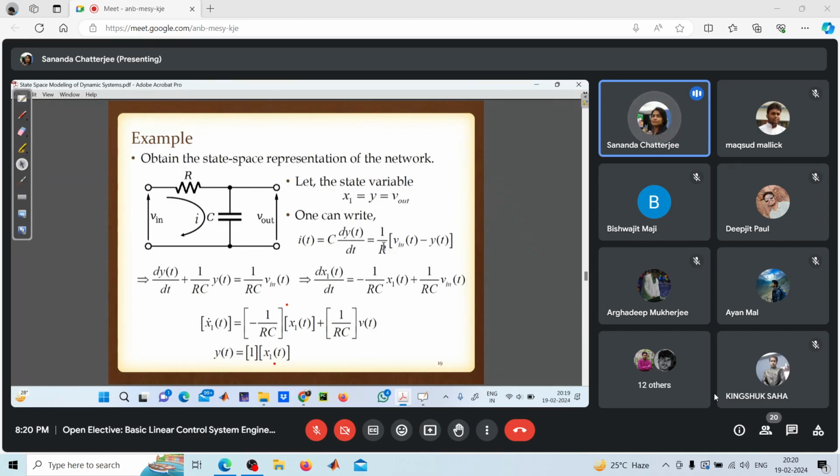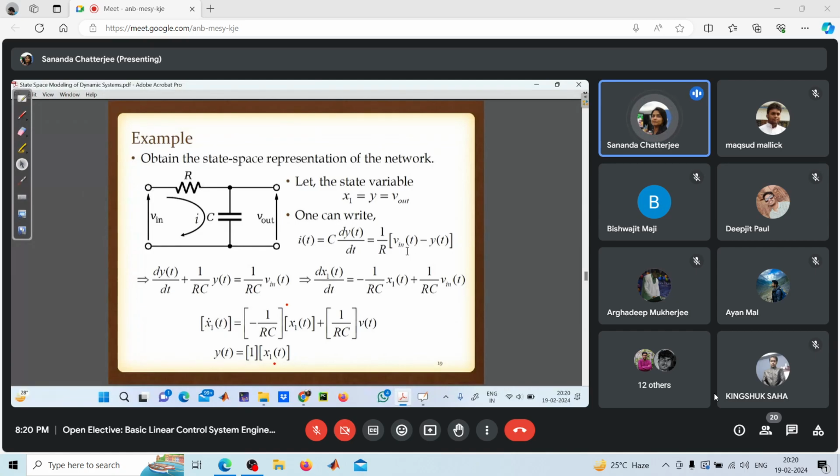And this is actually equal to the current flowing through this resistor, which is V in minus y by R, the voltage drop across the resistor.